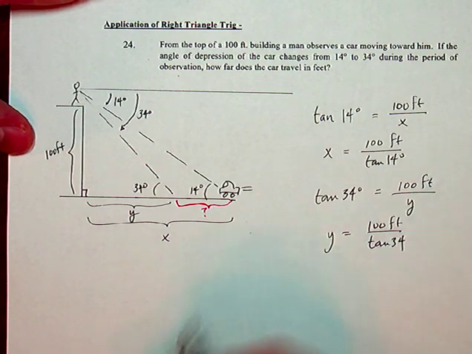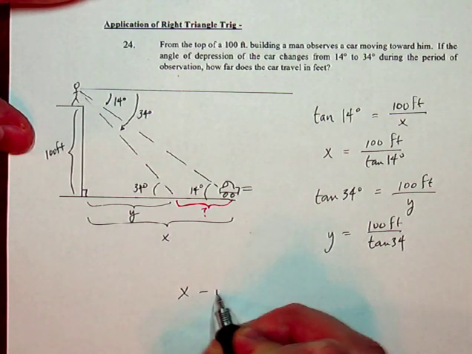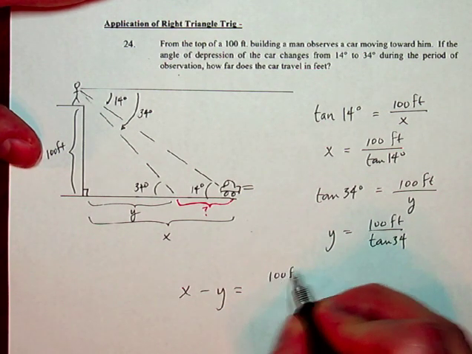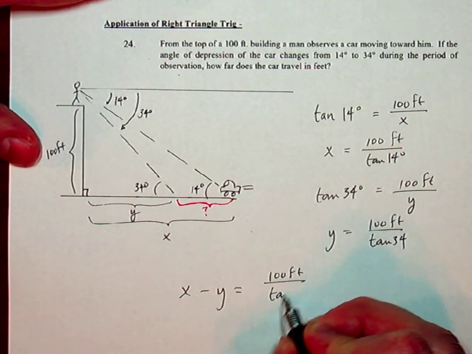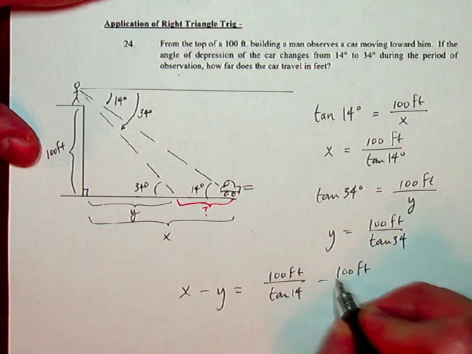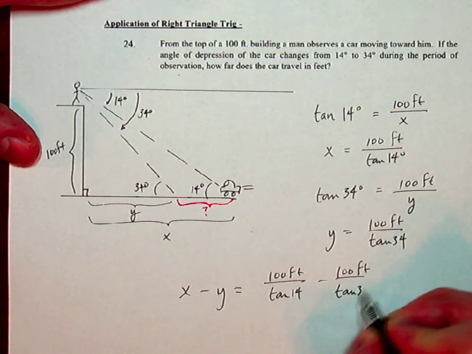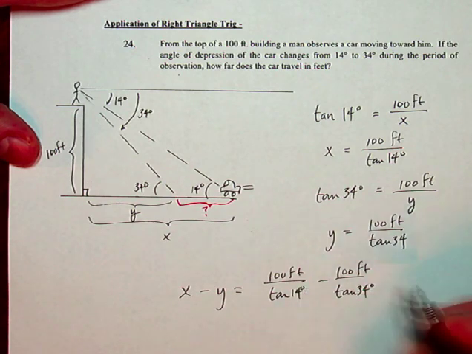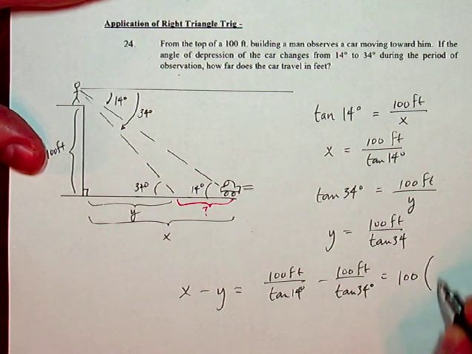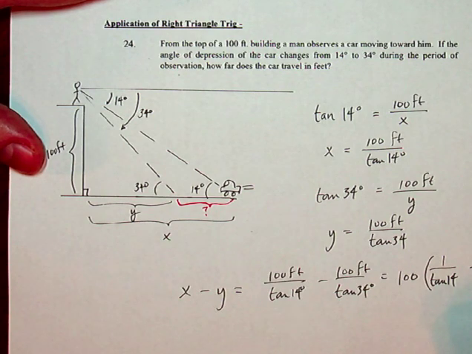So what I'm really looking for is x minus y, and that's 100 feet over tangent of 14 minus 100 feet over tangent of 34 degrees, okay? Or, if you really want to, you can factor this out, so you only have to plug in the 100 into your calculator once.